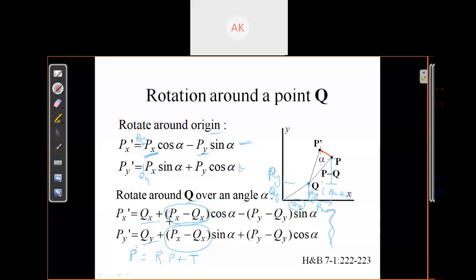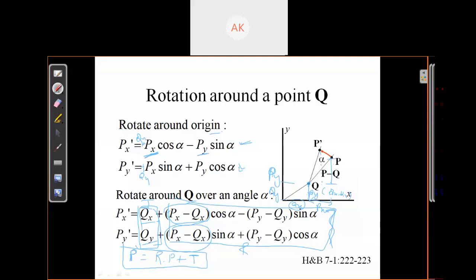This term we add to R. So you get p dash equals the rotational matrix times your original coordinates plus t. This is a translation parameter; we are shifting the points from here to here, and that difference is the translation.